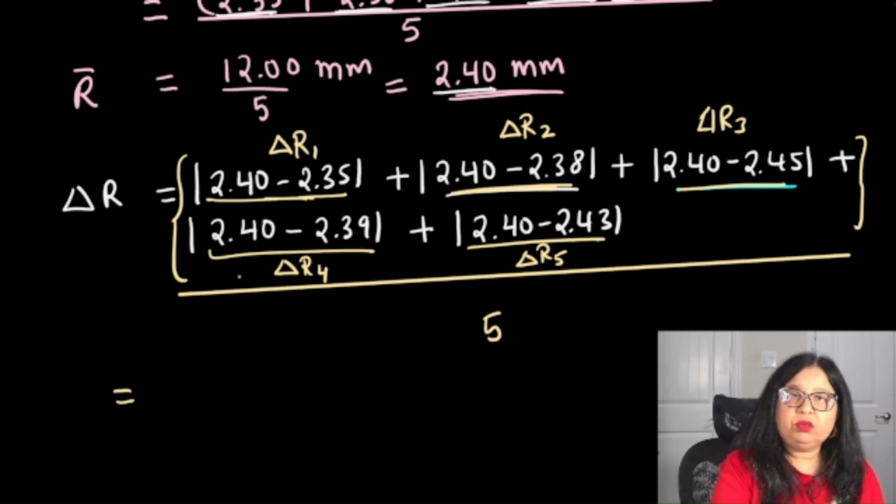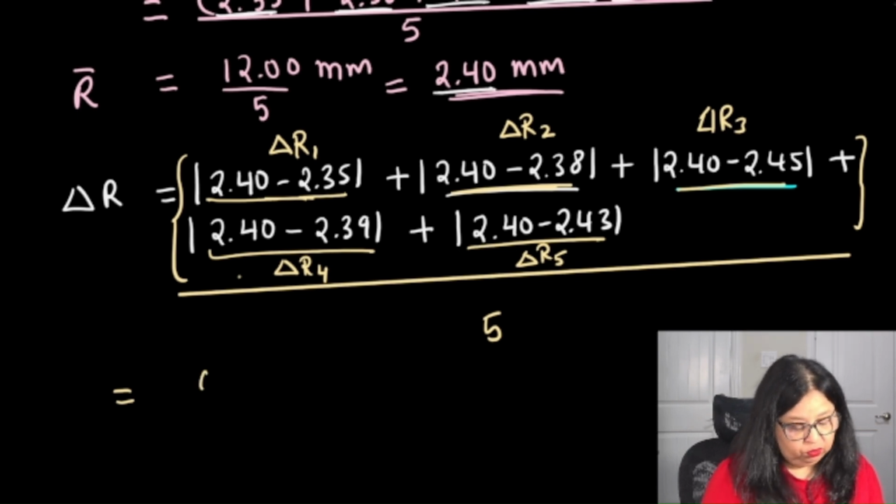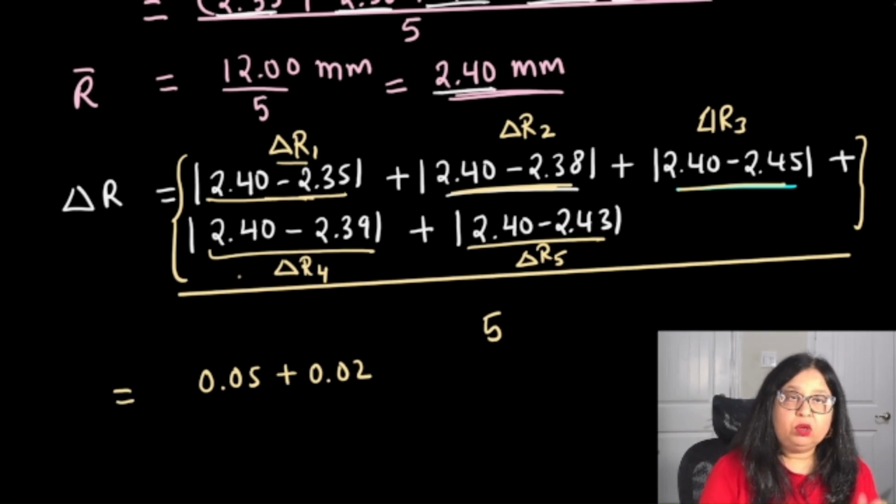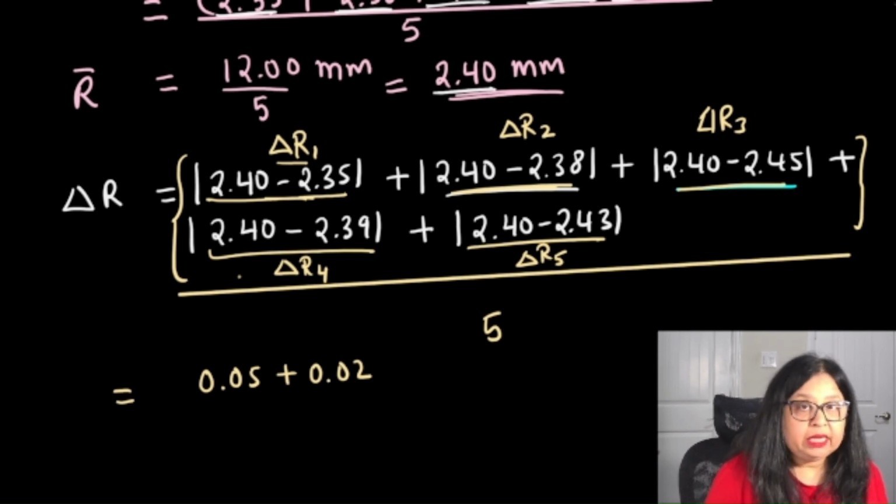2.45 minus 2.35. It's equal to 0.05. This is your delta R1. Delta R2, that is going to be 0.02. Delta R3, now 2.40 minus 2.45, that is equal to negative 0.05. But since we are taking the magnitude only, we're taking the absolute value.